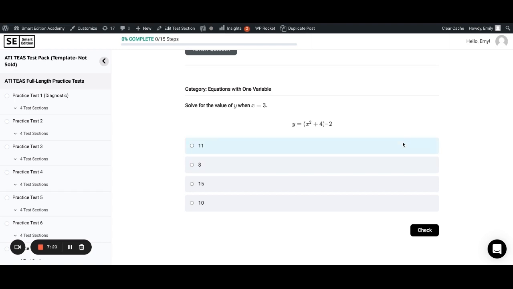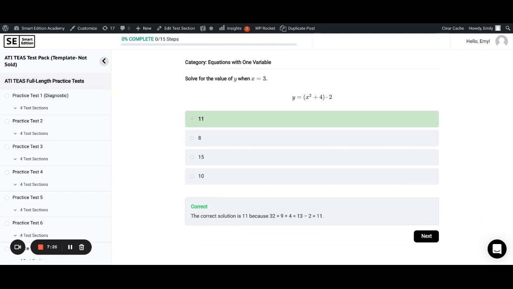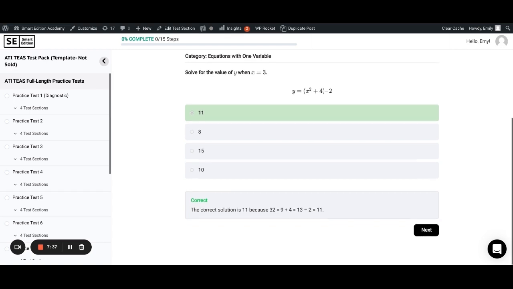Okay, the answer is A, 11. So what you need to do for this problem is substitute x with 3, and then you need to use the order of operations to solve for this. Then you get 11.